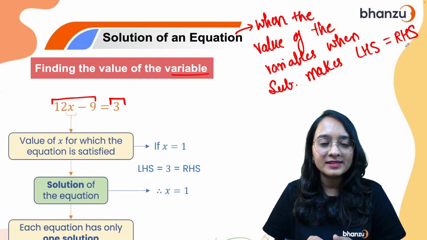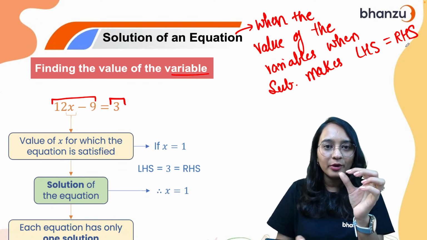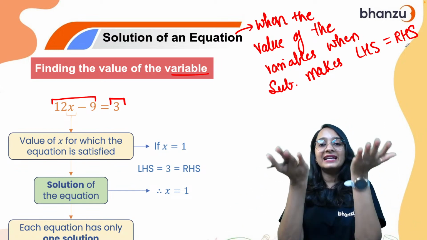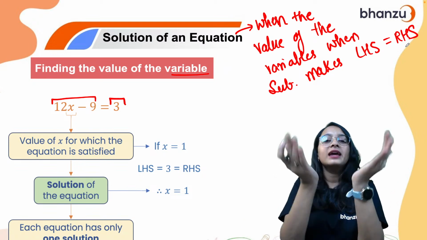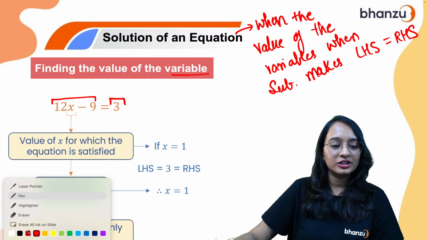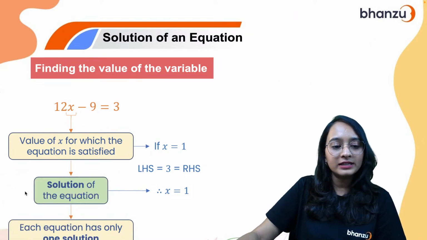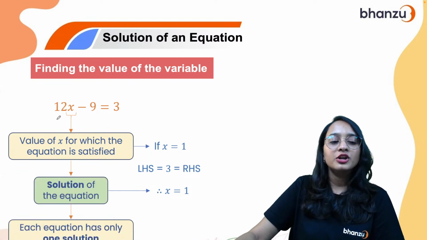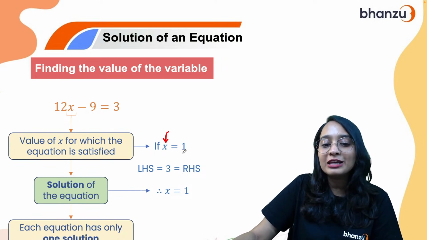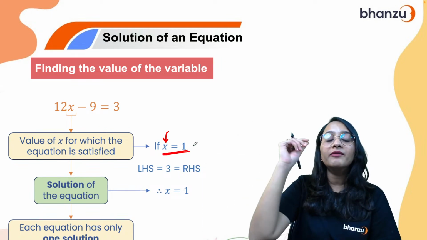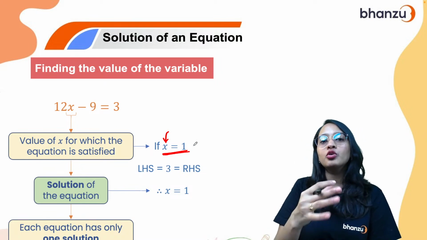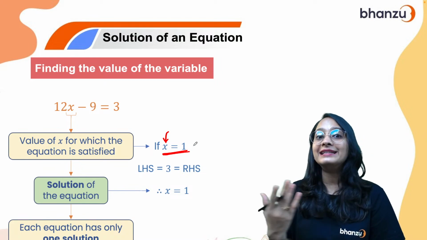When this happens, when you substitute a constant number in place of the variable and that number makes the left hand side and right hand side equal, balances out, is when you say that you have found the solution of the equation. So here when you carefully notice, I have substituted my x is equal to 1. I have assigned a value to my variable. Now you must be thinking, ma'am, how do you know it's 1? So this is called as a hit and trial method.